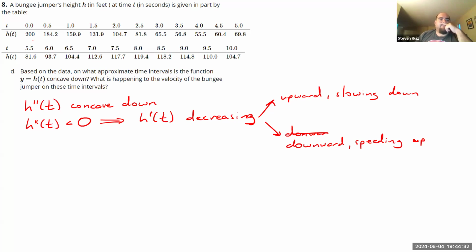So let's look from 0 to 0.5. Height goes from 200 to 184.2, going downward. Now let's look for if he's speeding up. What's the difference between 200 and 184.2? That's a decrease of 15.8. What about the next piece here?